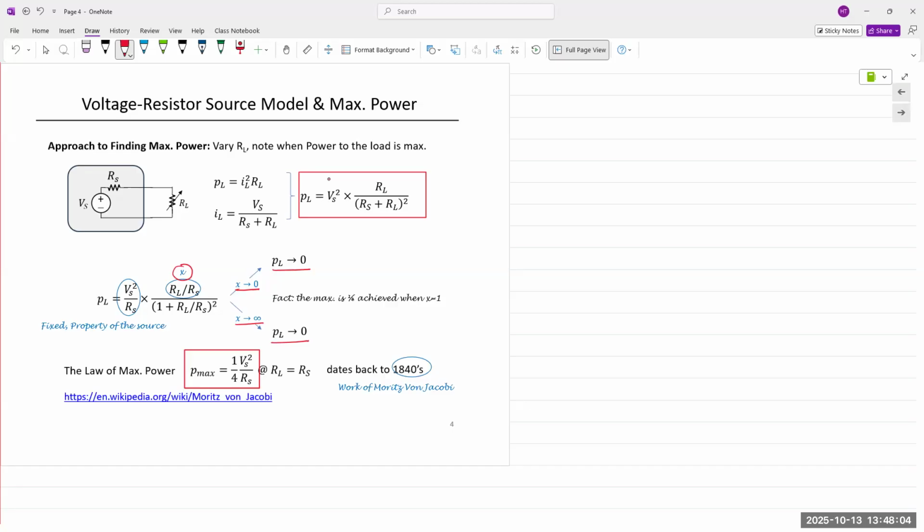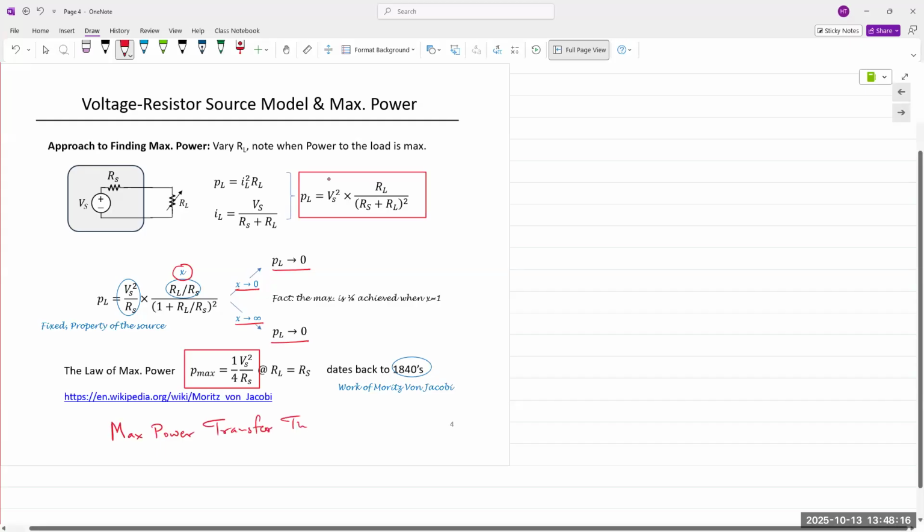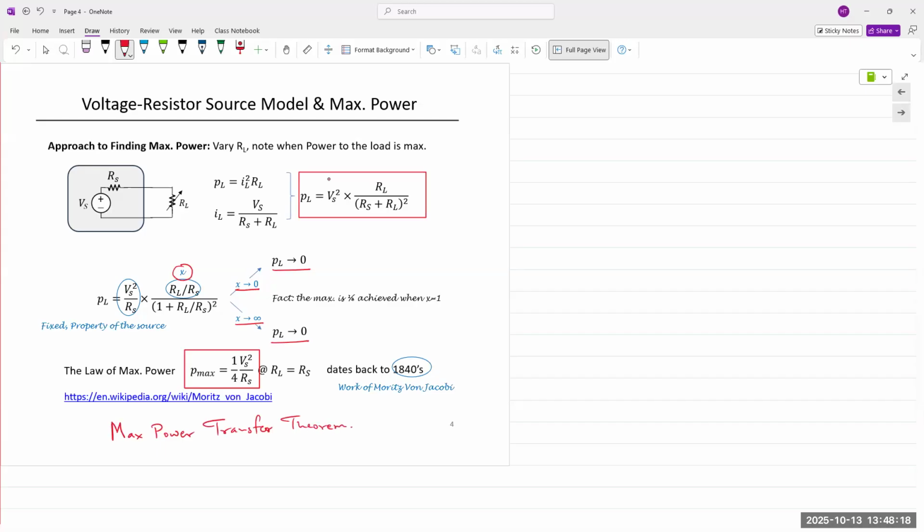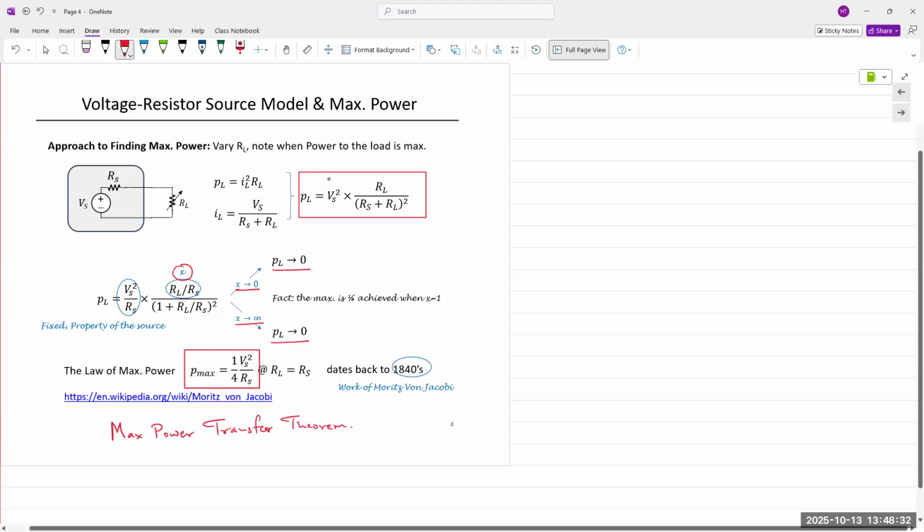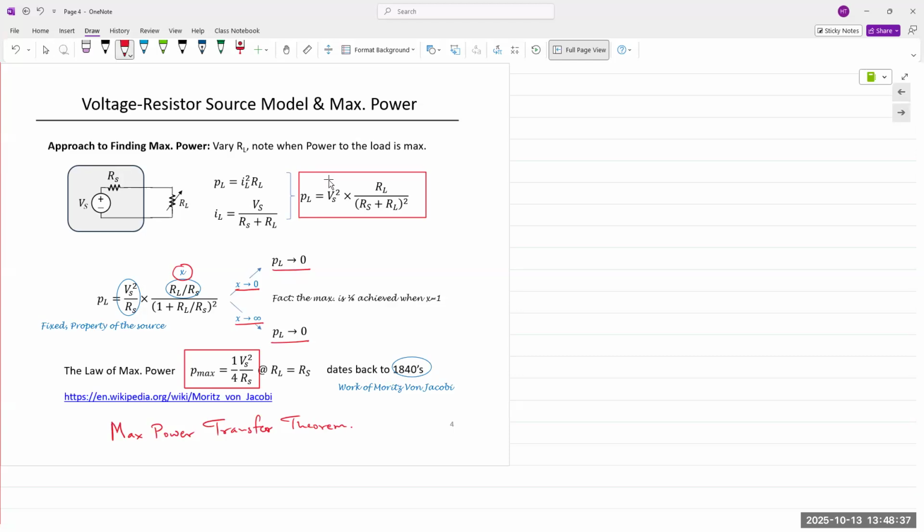Okay. And this again is known as the maximum power transfer theorem, the law of maximum power. This again is an important concept. We do not always want maximum power to be transferred.